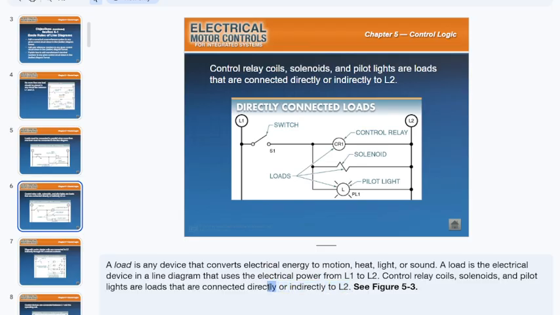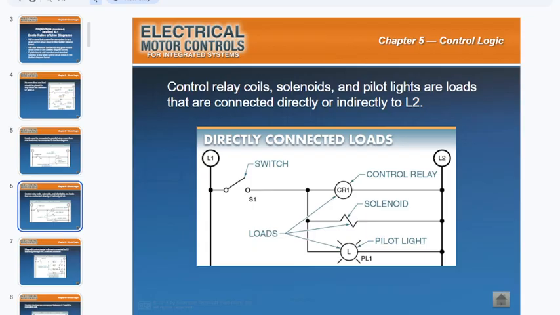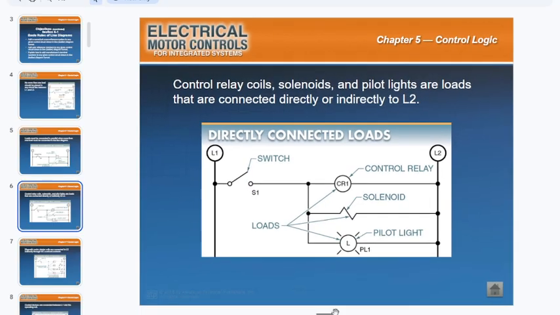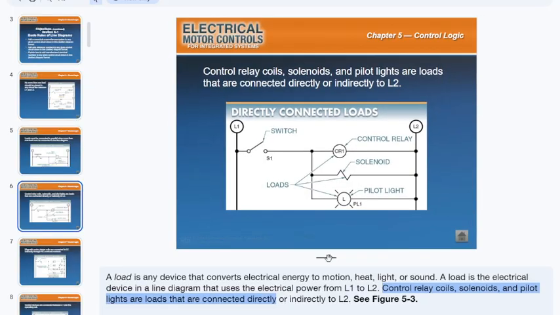In other words, that sentence would be fine. Control relay coils, solenoids, and pilot lights. Those are the three things that you're looking at here. A control relay coil, CR1, solenoid right below it, and everything is labeled, so you should be able to see that. And the pilot light are loads that connect directly to L2.